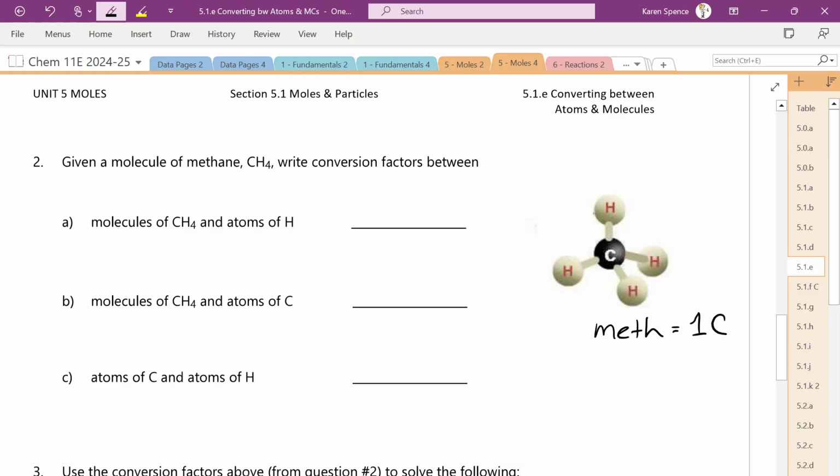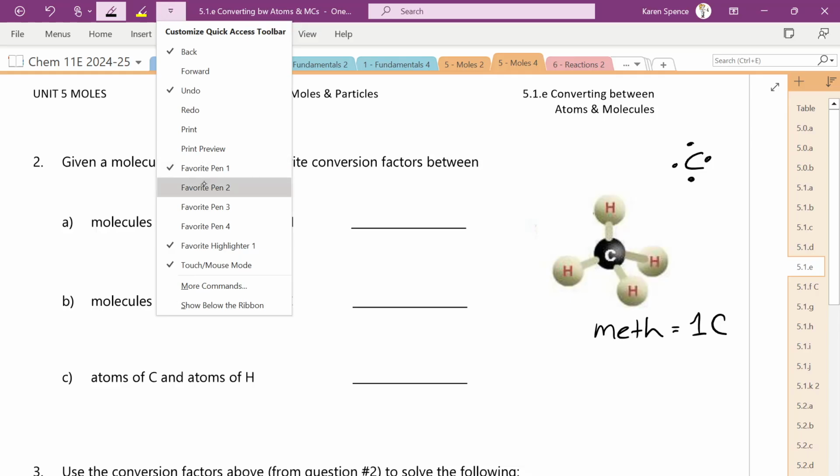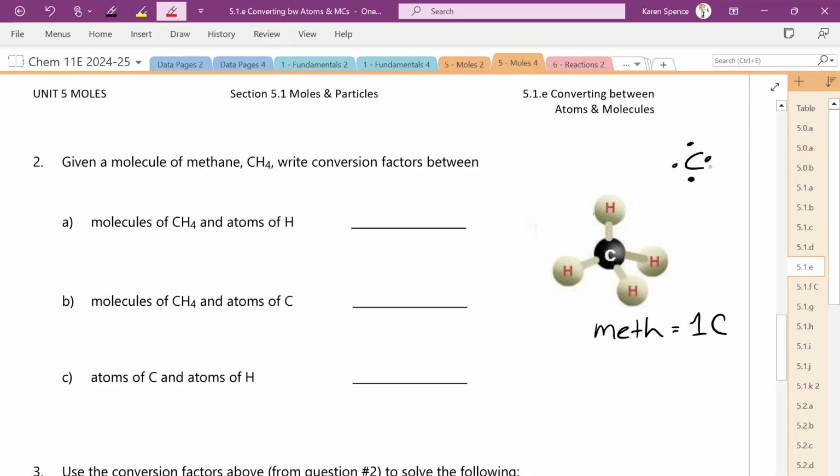Okay, so we have methane and it's got 4 hydrogens attached to it. And that's because carbon has only 4 valence electrons, so it needs 4 hydrogens to covalently bond to give it a full valence shell. Is that looking familiar? Okay, so let's write ourselves a conversion factor between molecules of CH4 and atoms of H.